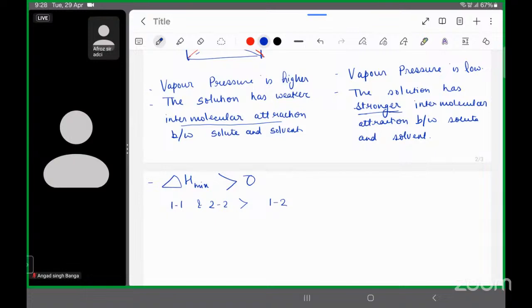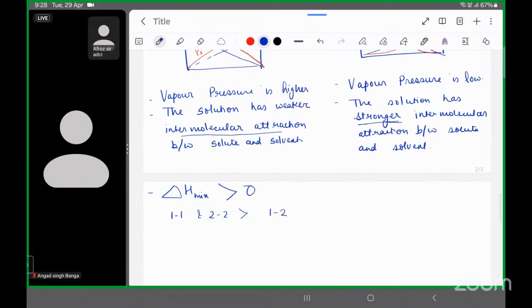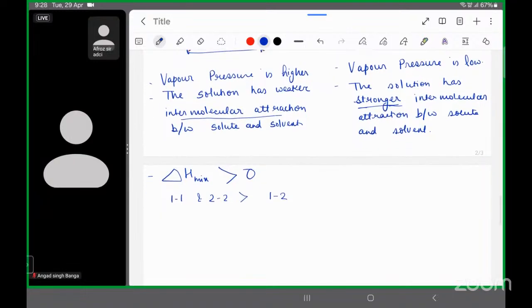Yes, what you thought? Yes, Angad. What should be the answer? Is it endothermic or exothermic? Yes, sorry, I'm not getting.